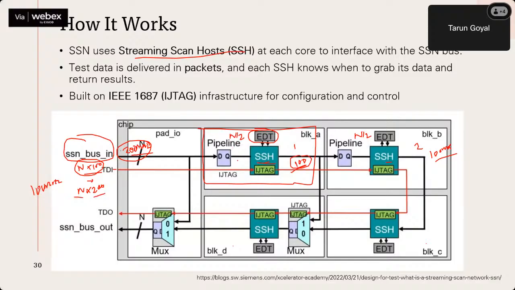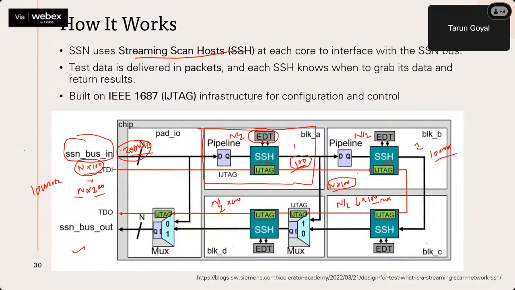Now n/2 was used by this, n/2 was used by this. So in total, how much is used? N data multiplied by 100. That much data they consume, but still we have 100 more. So now we will give the same n/2 data to this core also, and n/2 data to this core also, at 100. These cores are still working at 100 megahertz, but now all four cores are able to work simultaneously.